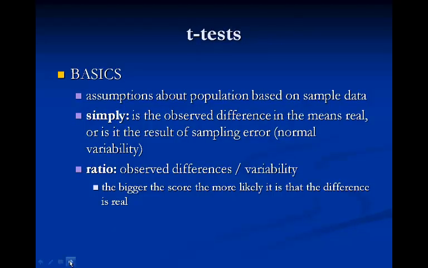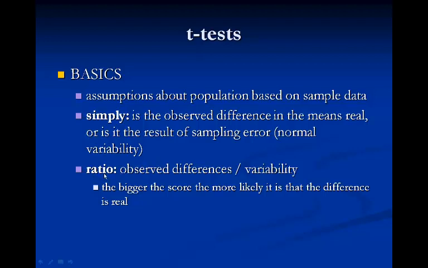So the basics for a t-test. It makes assumptions about the population based on sample data. Put simply, it's the observed difference between the means. It asks the question, is the observed difference in the means real? The means being the sample mean and the population mean under the null hypothesis. Is that observed difference caused by some real effect, or is it simply the result of sampling error, the normal variability that you get when you take different samples from a population?